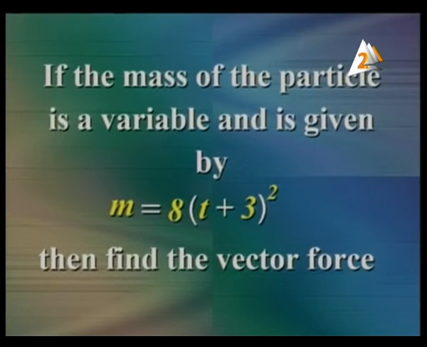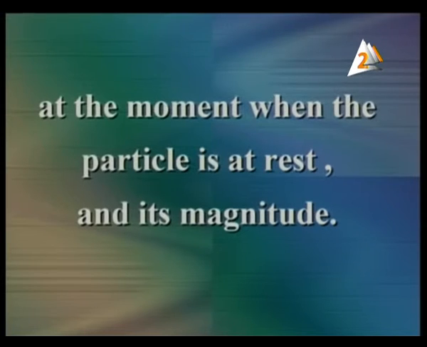If the mass of the particle is a variable and is given by m equals 8 open bracket t plus 3 all squared, then find the vector force at the moment when the particle is at rest and its magnitude.